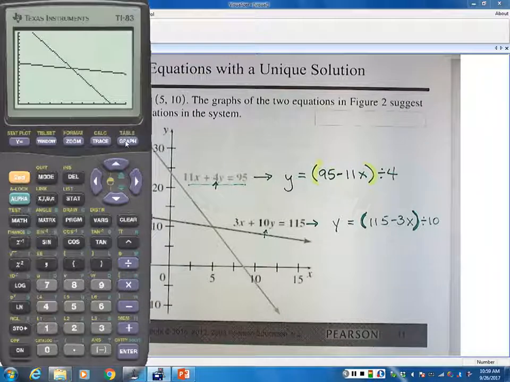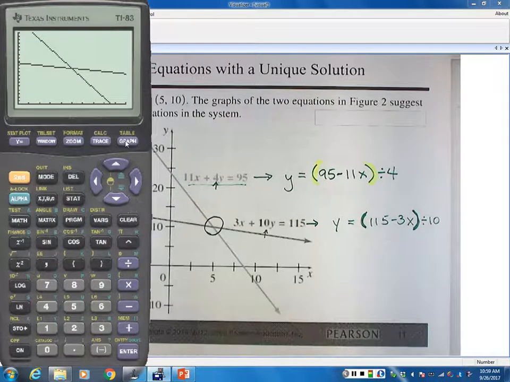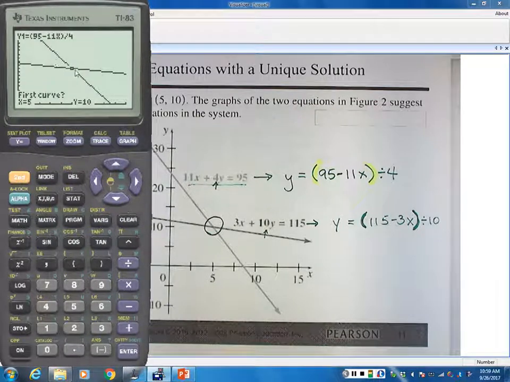And notice that that graph looks a lot more like this graph. And what we're interested in is that intersection point right there. And the calculator can tell us what that is. All we do is hit second, trace, go down to number 5, which is intersect. And it actually goes right straight to the intersection point, but it doesn't always do that. That's just what happens this time because that was basically the center of the screen.